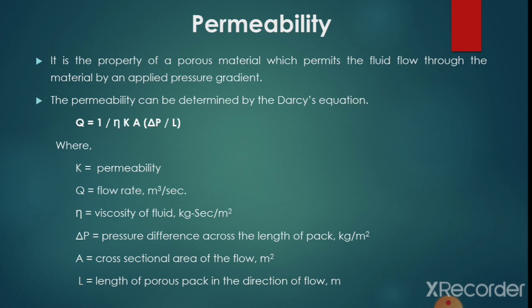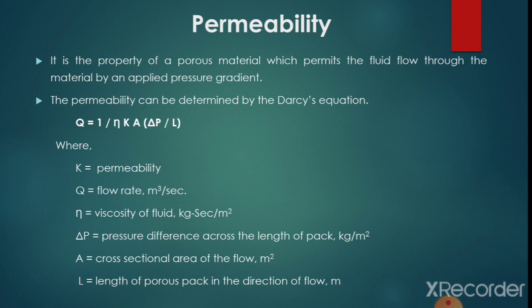So what is permeability? Permeability is the property of a porous material which permits fluid flow through the material by an applied pressure gradient. The permeability can be determined by using Darcy's equation, which is Q is equal to 1 by eta into K into A into (delta P by L).